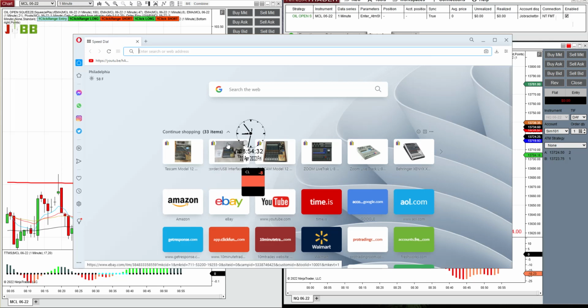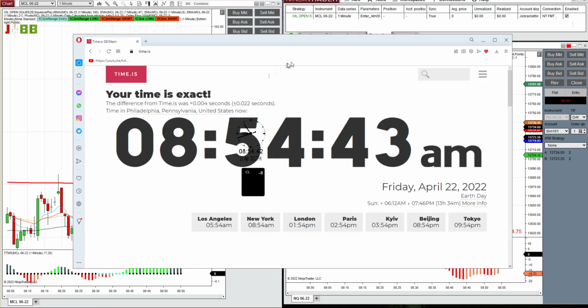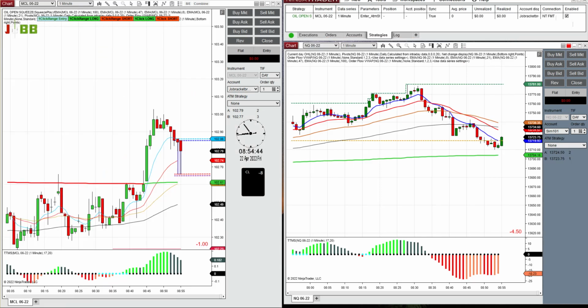And we're using the Tick Strike indicator, that little black box, an order flow indicator. Once you figure out how to use it, it will help you with your entries, exits, everything.